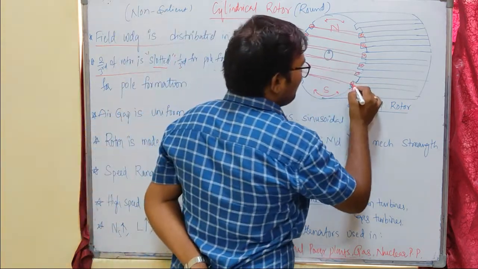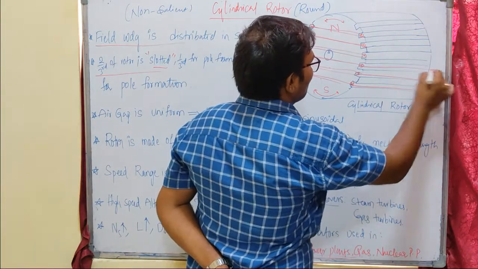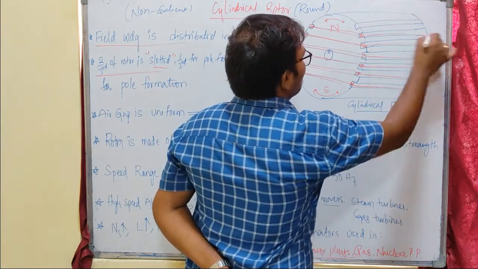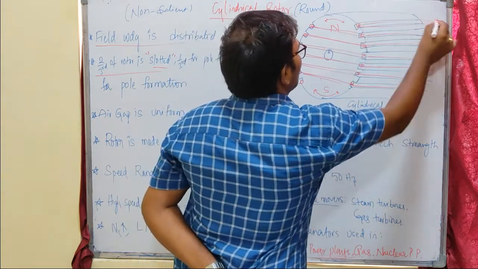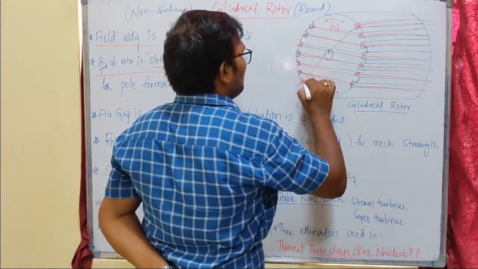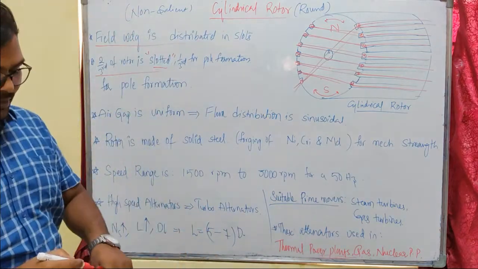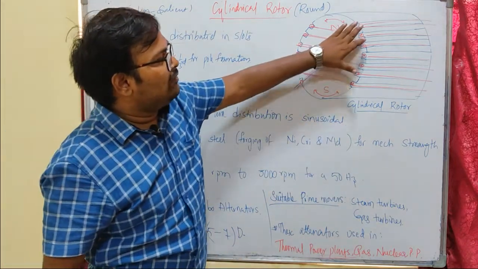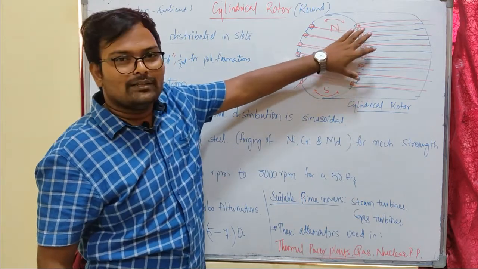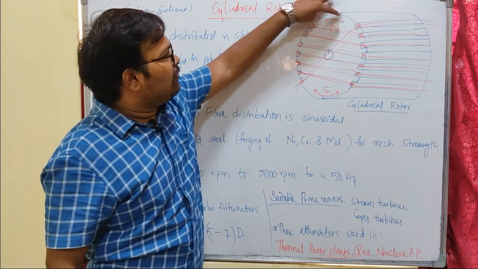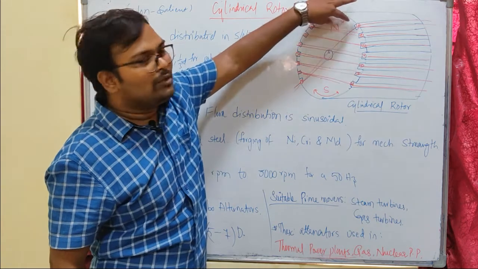The real conductor that experiences the magnetic field and produces a useful flux is this one. This is the useful conductor. I hope you understand. Here the field winding is distributed all over the rotor periphery, and two-thirds of the rotor periphery is slotted to accommodate the field winding, and one-third is left open to form the poles.